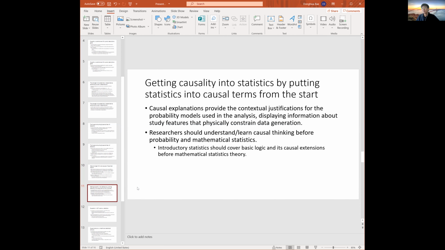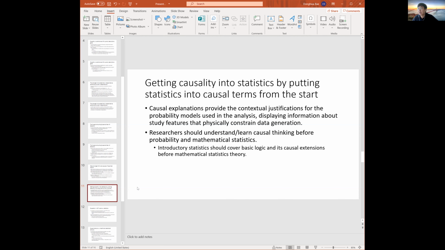So only the causal explanation provides the contextual justification for the probability models used in the analysis, displaying information about study features that physically constrain the data generation. So the researcher should understand and learn causal thinking for probability and mathematical statistics.